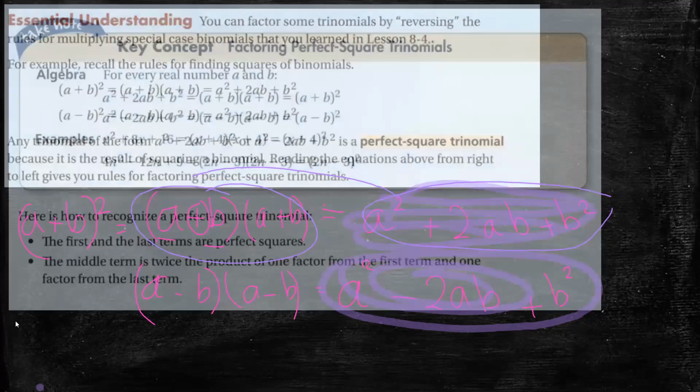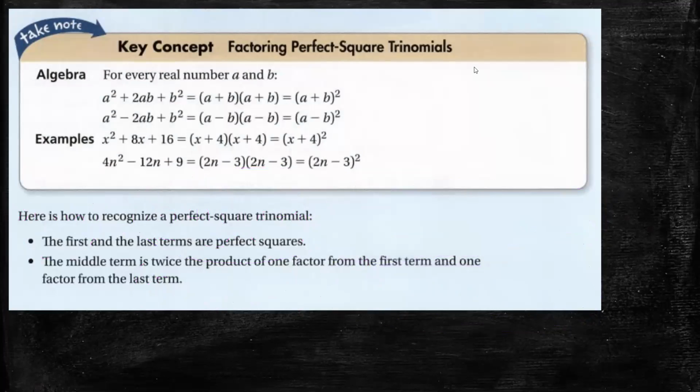Let's see now here. The rule is, for every real number A and B, if you have the expression A squared plus 2AB plus B squared, how can I write it?